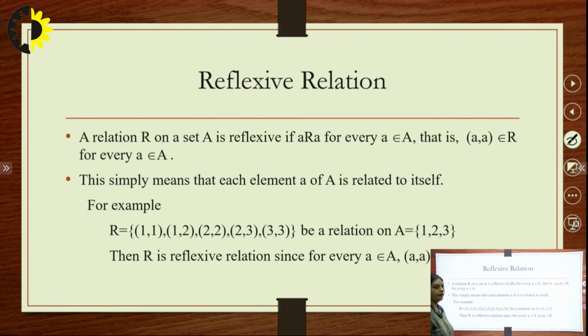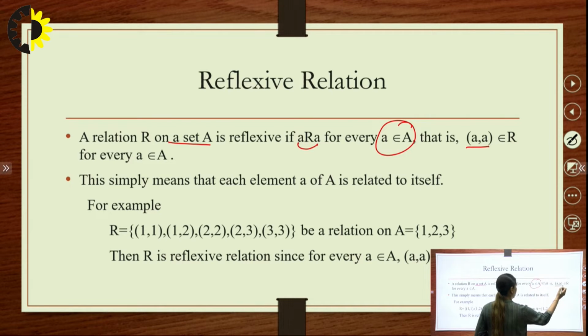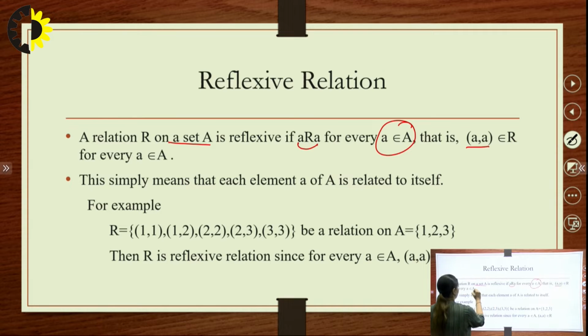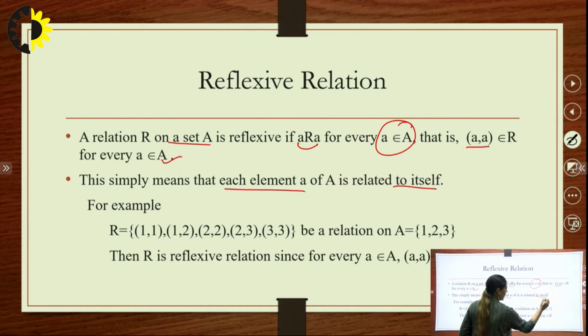First, we will have reflexive relation. A relation R on a set A is reflexive if a is related to a for every a belonging to set A. That is, (a, a) is an element of R for every a belonging to set A. This simply means that each element of A is related to itself.